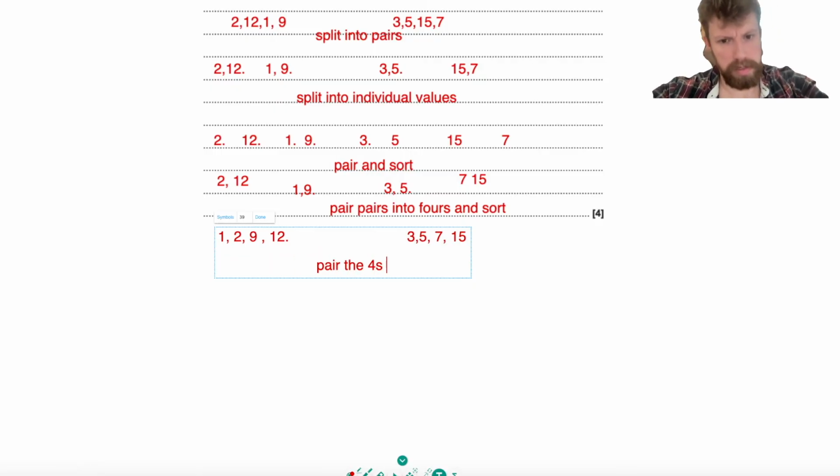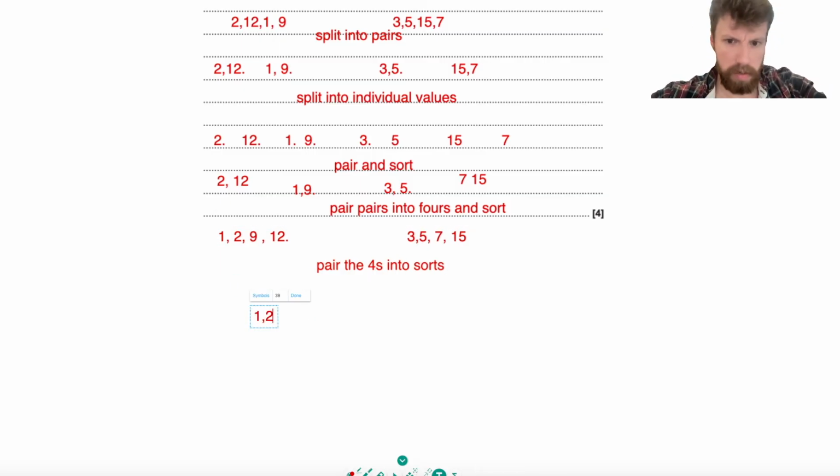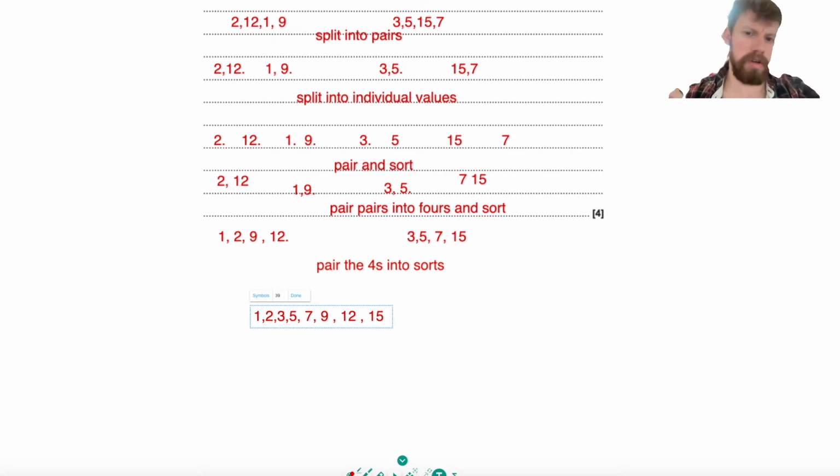Pair the 4s into 8s, which is now sorted. So then essentially it's just going to be a sorted list. So 1, 2, 3, 5, 7, 9, 12, 15. So it's just one of those ones where you should be extra careful, make sure that you've got 8 numbers at the end. Yeah, that's all good. And just making sure that you're going through all of those different stages.